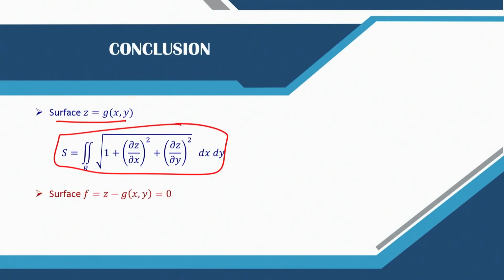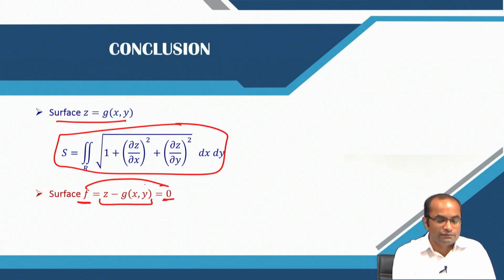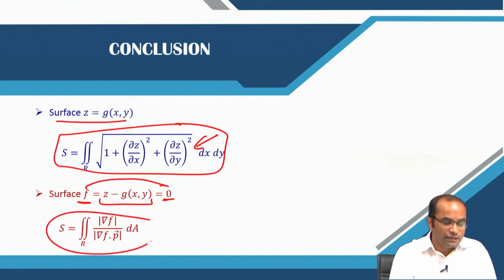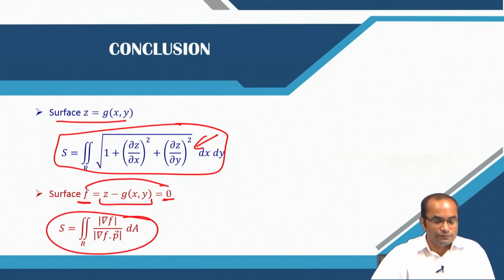But in the context of vectors, we have seen that if we take this surface z equal to g x y as the level surface f equal to 0, then instead of this formula we can use dS equal to the absolute value of grad f divided by the absolute value of grad f dot p, and then we can integrate over any of the projected coordinate planes.